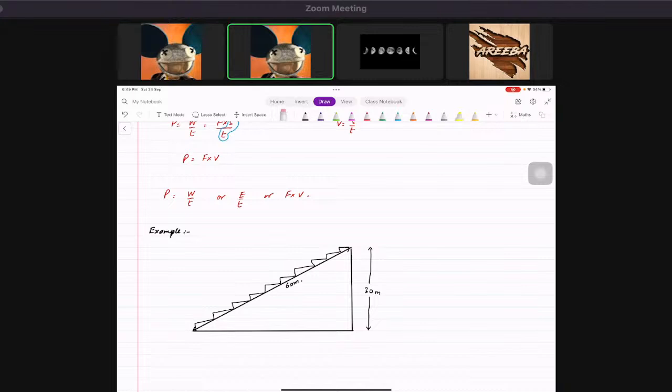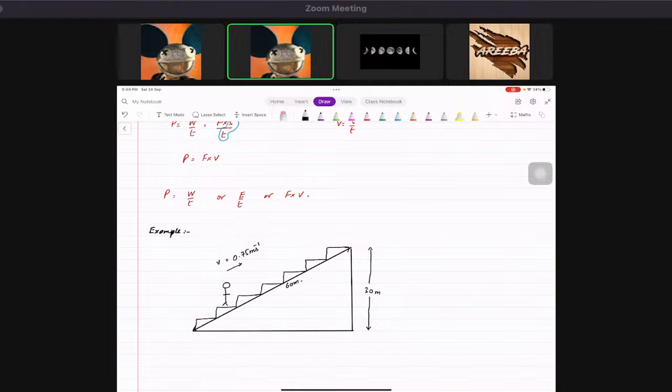And it is capable of taking passengers up to the top at a speed of 0.75 meters per second. So that's the speed at which the escalator moves.